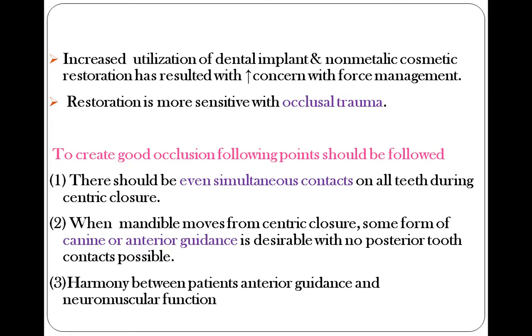Now, a harmonious relationship between the patient's anterior guidance and neuromuscular function is a must. Now, this can be assessed by absence of fremitus or mobility of anterior teeth, speech clarity for the patient, comfort with the overjet, overbite, and guidance during chewing and holding the head upright.